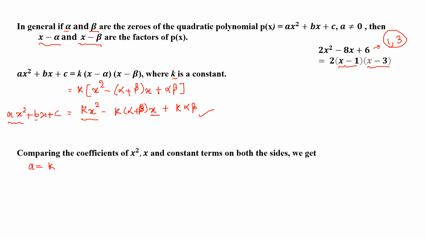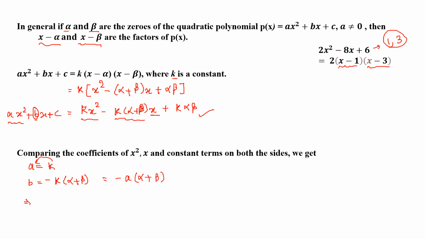So b will be equal to minus k times (alpha plus beta), isn't it? And just now we have seen the value of k is equal to a, right? So I'm going to replace k with a. So it will become minus a times (alpha plus beta).